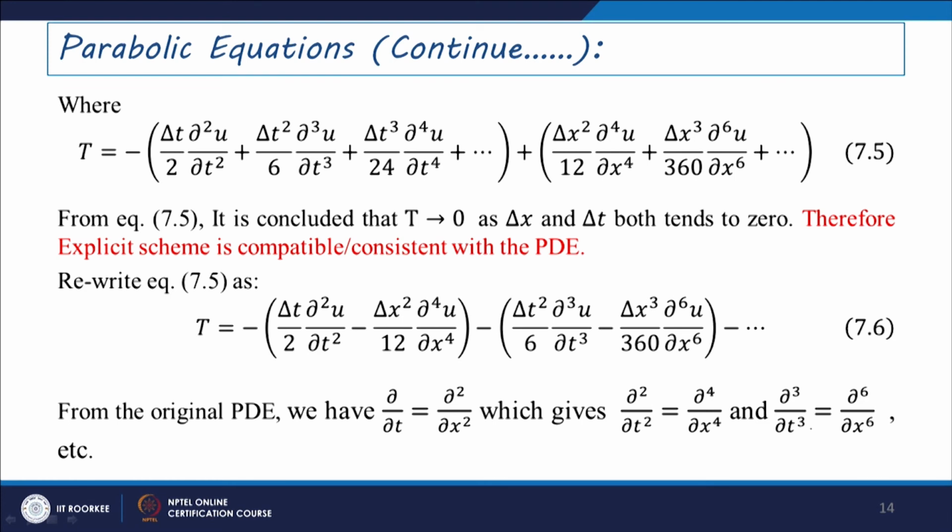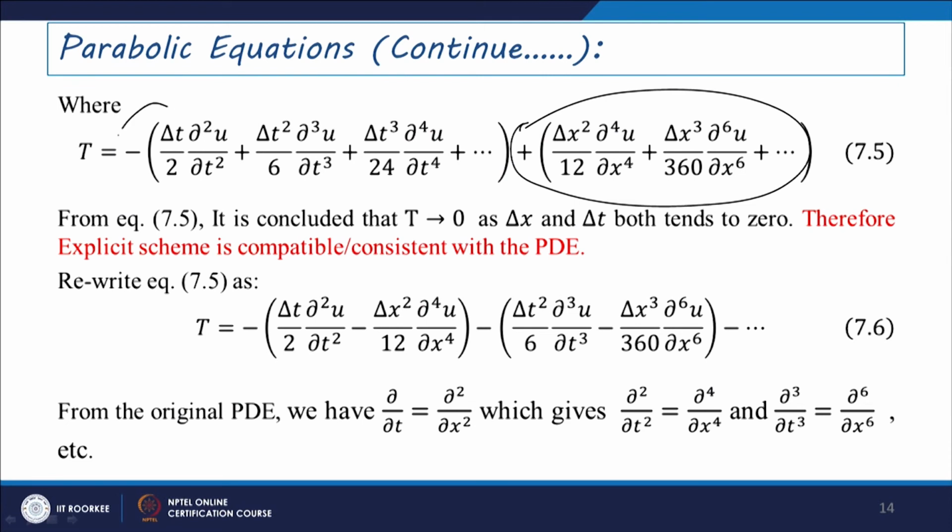Since we are taking the difference and moving it to the left hand side, this term is positive here and this term is negative. And from this equation we can conclude that the truncation error tends to 0 whenever del x and del t both tend to 0, since this is the multiplied factor associated with both these terms here. Therefore, the explicit scheme is compatible or consistent with this partial differential equation.